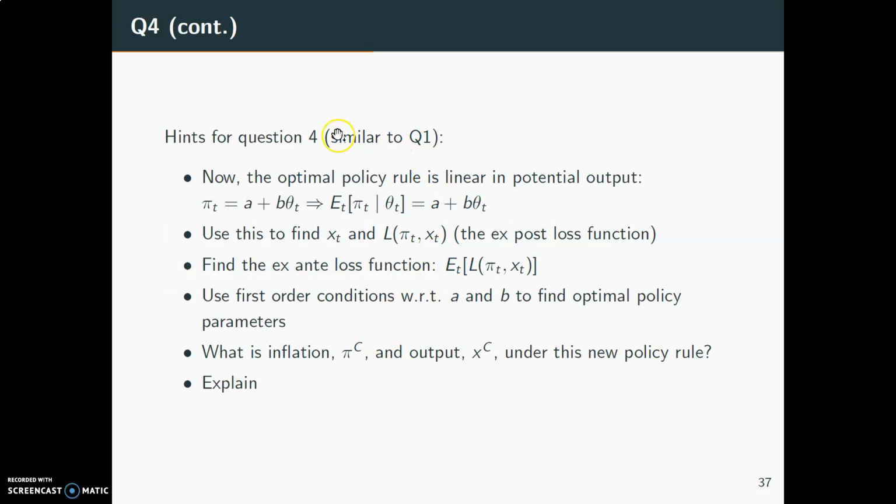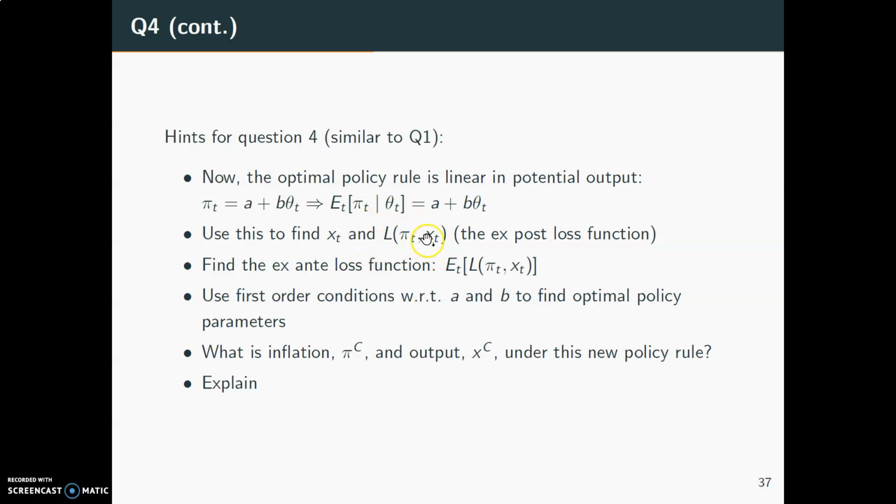Okay, so these hints are very similar to the hints for question 1. The optimum policy rule is linear in output in this case, and in potential output, and given by the following expression here, implying that the private agents' expectations of inflation conditional on observing theta t is now the same. Use this to find xt and the ex post loss function.